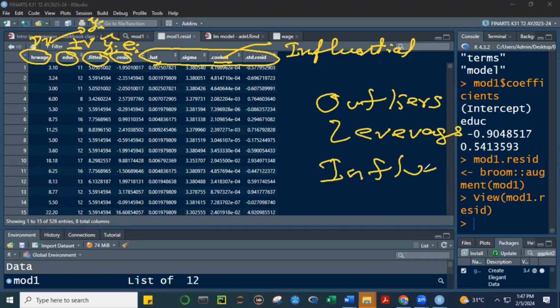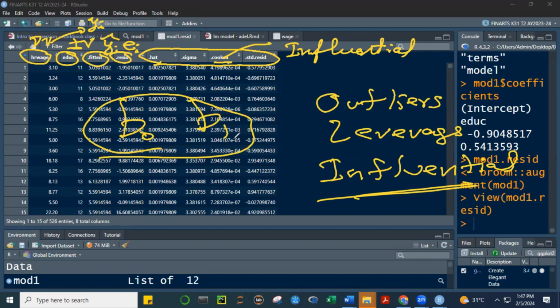Of these 3, the most critical is your influential points, because influential points can affect the values of your B0 and B1. It can affect the value of your parameters. If it's an influential point, if you remove that class, it may drastically change the values of your parameters.